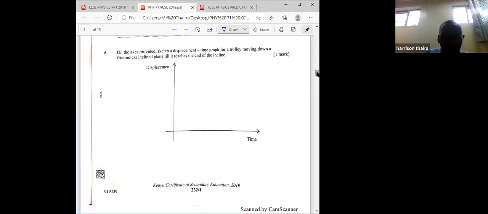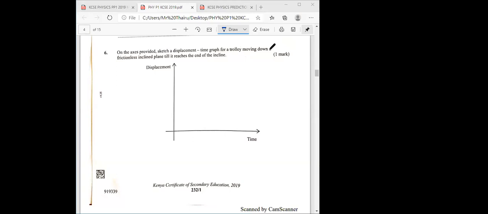On the axis provided, sketch a displacement time graph for a trolley moving down a frictionless inclined plane till it reaches the end of the incline. Now, the first thing that we need to notice is that the trolley is moving down. When it is moving down, which force is acting on it? Which force is acting on this trolley that is moving downwards? Gravity. Gravitational force.